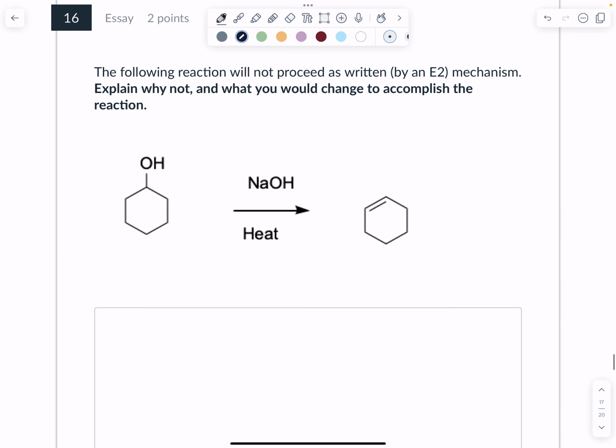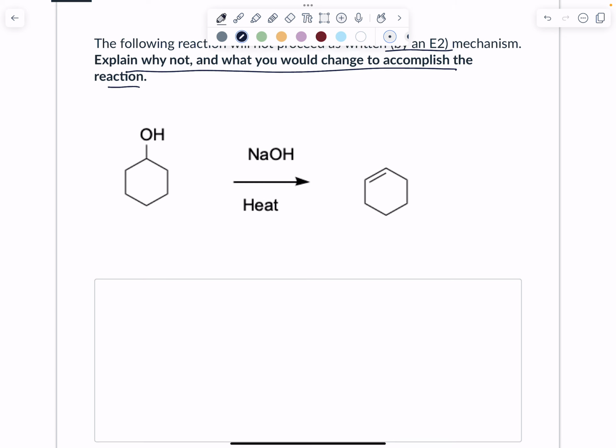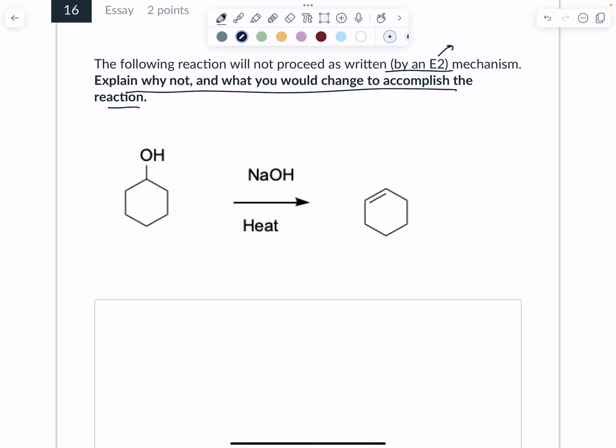Okay, the following reaction will not proceed as written by an E2. Explain why not and what you would change to accomplish the reaction. So this OH is, I guess when I think of E2 reaction, we need a strong nucleophile, a good leaving group, and we need a reason for it to favor E2 over SN2.